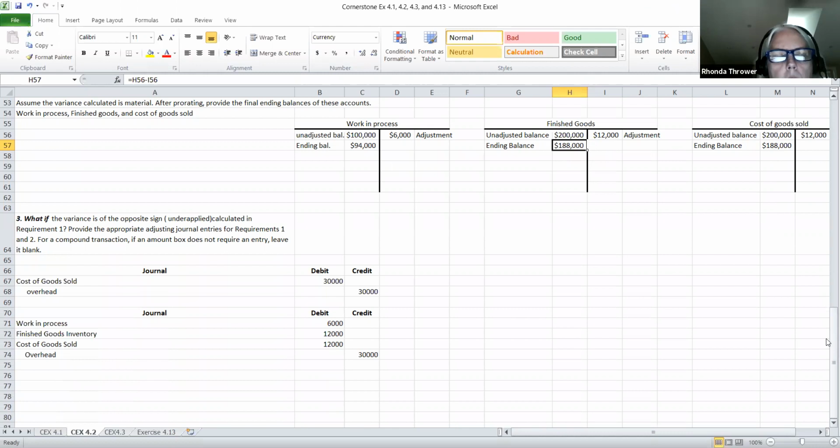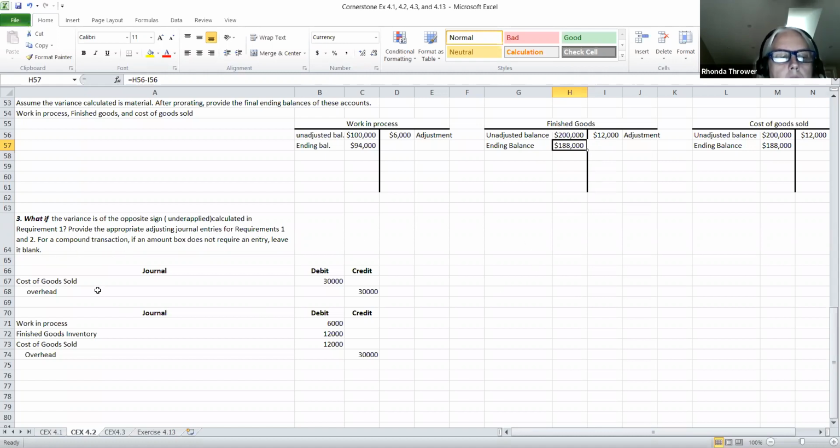In the last part of this, they have another what if analysis. And it says, what if the variance is of the opposite sign? What they mean by the opposite sign is that it was under applied instead of over applied. Provide the appropriate adjusting journal entries in requirement 1 and 2.